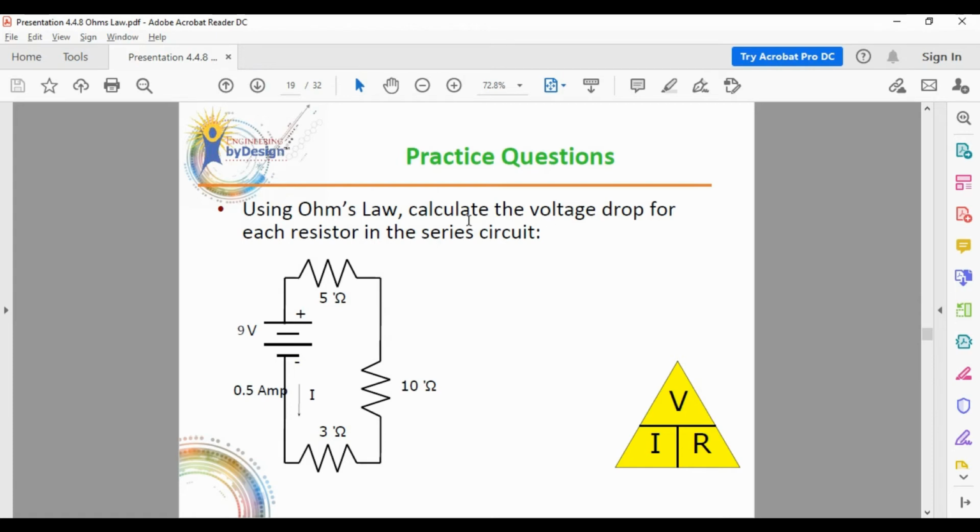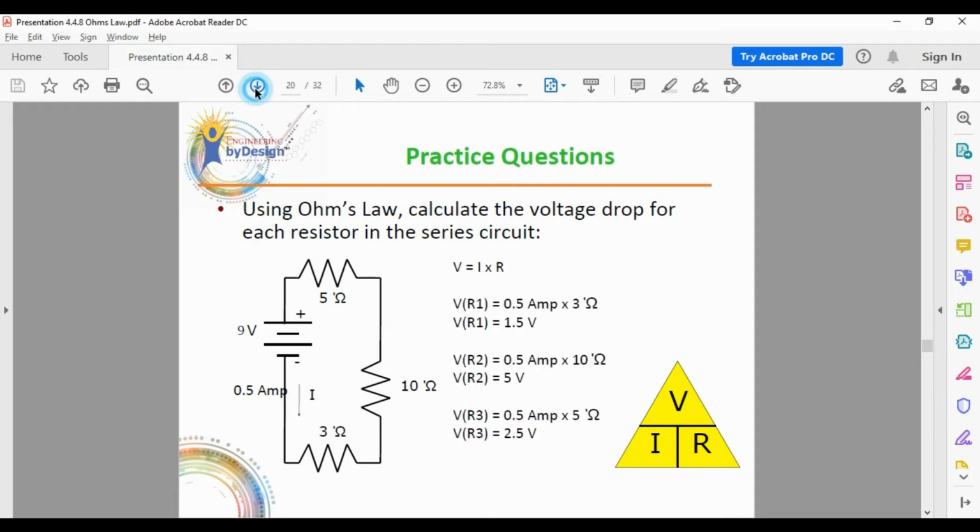Calculate the voltage drop for each resistor in the series circuit. Okay, so you have 0.5 amps that go through the entire series here. It goes through the entire circuit. And so you want to look at what happens to this amperage as it goes across each of these resistors. The voltage over resistor 1 is half an amp times 3 ohms, so that's 1.5 volts.